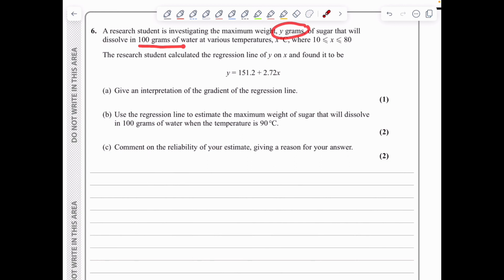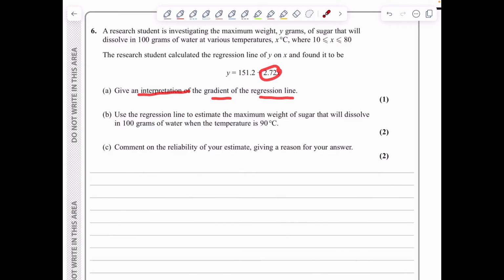In 6, we've got a research student investigating the maximum weight y grams of sugar that will dissolve in 100 grams of water at various temperatures x degrees Celsius for x between 10 and 80, where the student came up with a regression line y = 151.2 + 2.72x, and we need to interpret the gradient of the regression line, the 2.72.